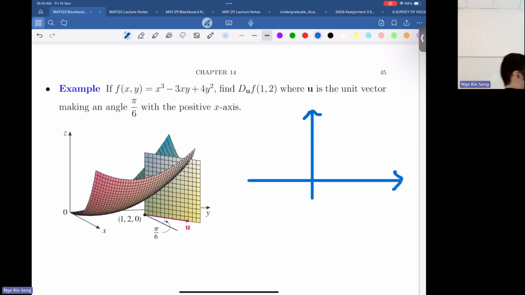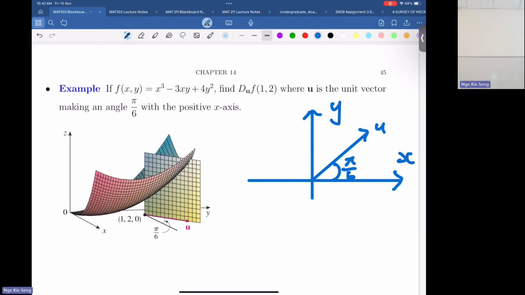It tells you the relation between this unit vector and the positive x-axis. Which quadrant does it lie in? Making an angle of pi over 6 with positive x-axis. Pi over 6 is 几度? Less than pi over 2. So it lives in the first quadrant. Okay, so it should be somewhere here.